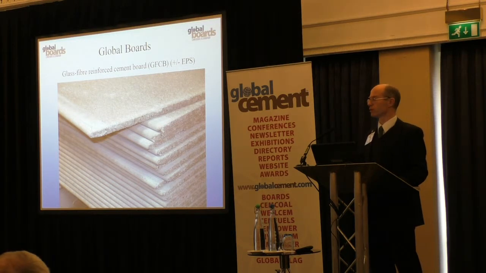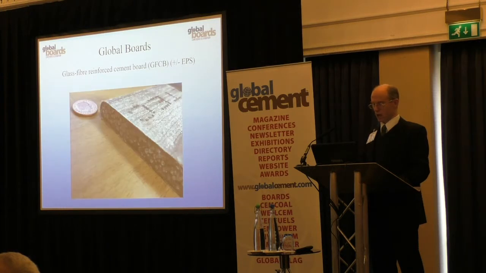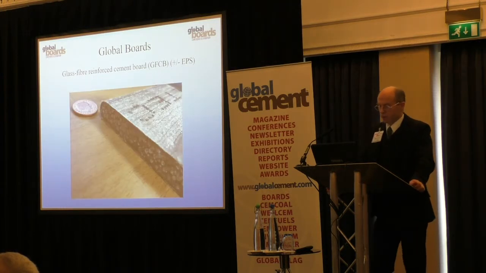I'm not sure if anybody brought any examples of these to the conference, but they're actually a wonder of technology and how they're made. And here is an example of a glass fibre reinforced, glass mat reinforced cement board, which also incorporates EPS beads, which makes it lighter, of course.